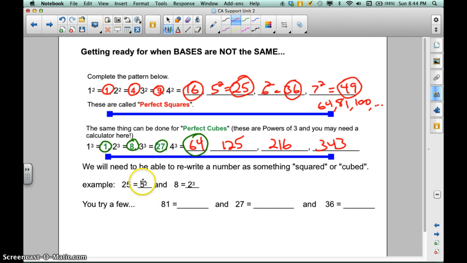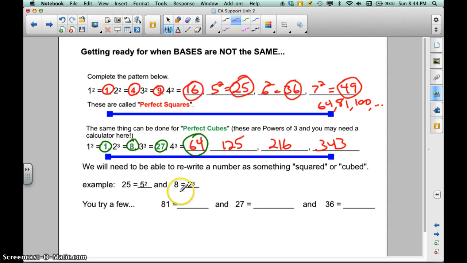Alright, so in my example here, if you have 25 in your problem and you need to express that as something squared or cubed, you can look at your list or hopefully recognize that without having the list written down as 5 to the power of 2, or 5 squared.